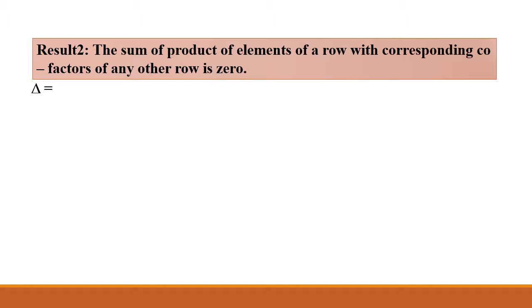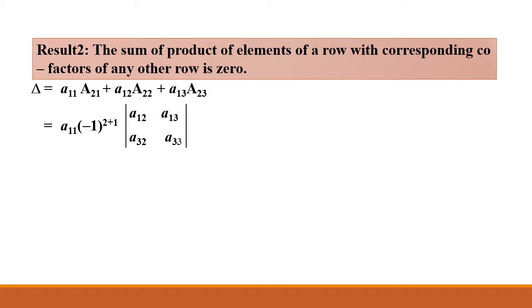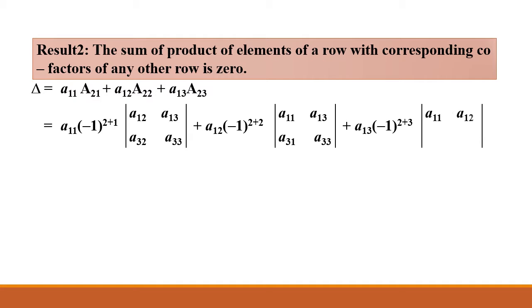So there is a change in the elements and their cofactors. We are considering the elements of the first row and the cofactors of the elements of the second row. On simplifying, we get a11 into cofactor of second row first element, a12 into cofactor of second row second element, a13 into cofactor of second row third element.